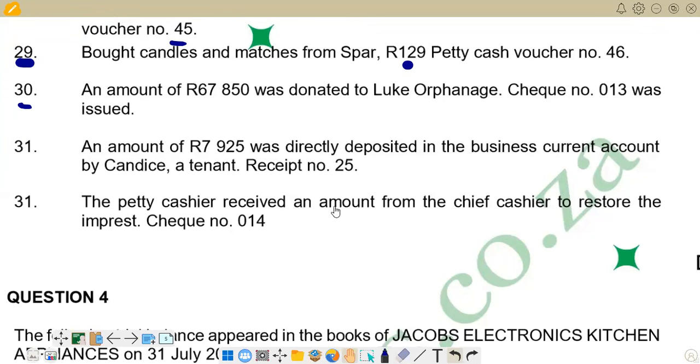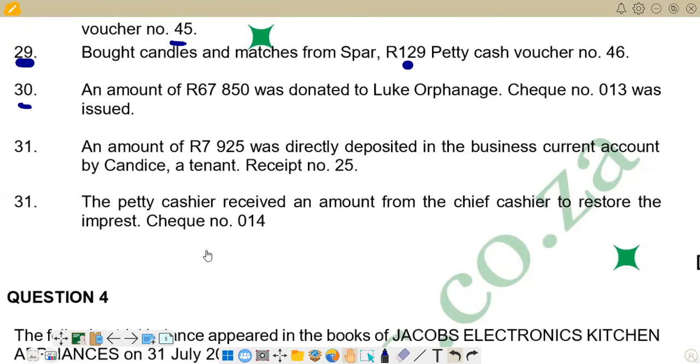The last item is that the petty cashier received an amount from the chief cashier to restore the imprest system. We know what restoring the imprest system is: the money that has been used is the money that is going to be replaced.